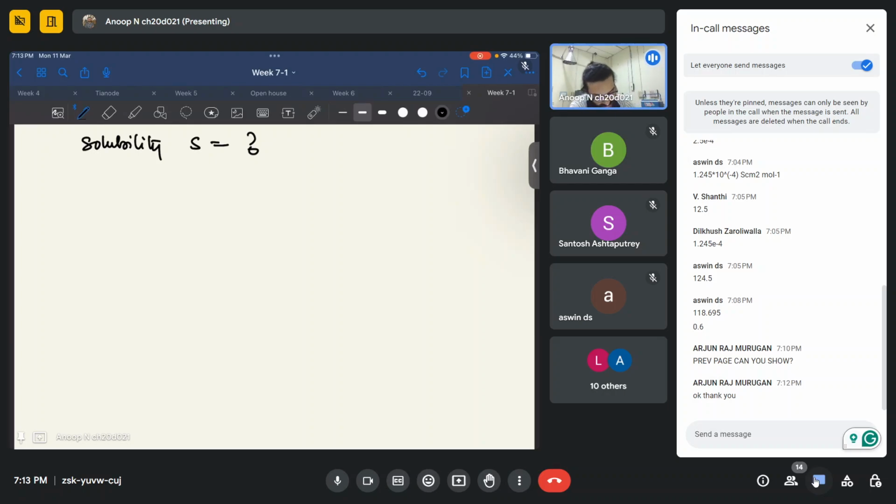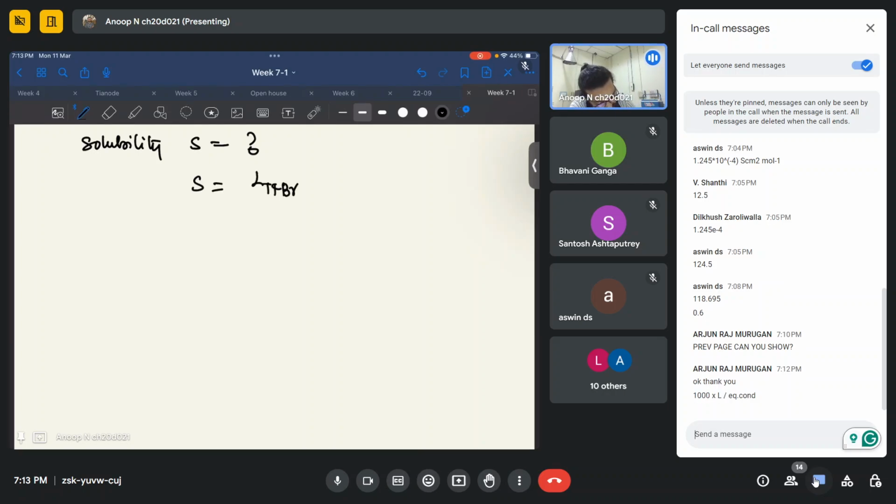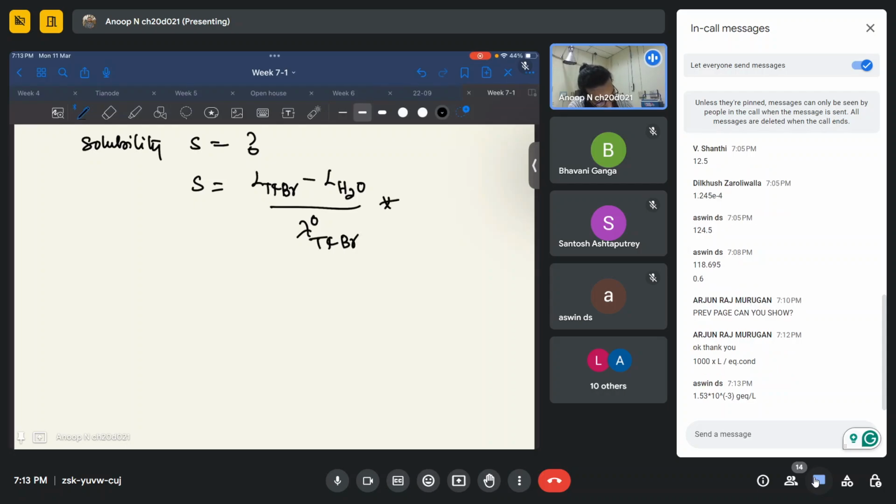We have solubility S C is equal to kappa of TlBr, that is whatever our solute, minus kappa of H2O, divided by lambda 0 of TlBr into 1000. 1000 we have to convert it into liter, that's why.